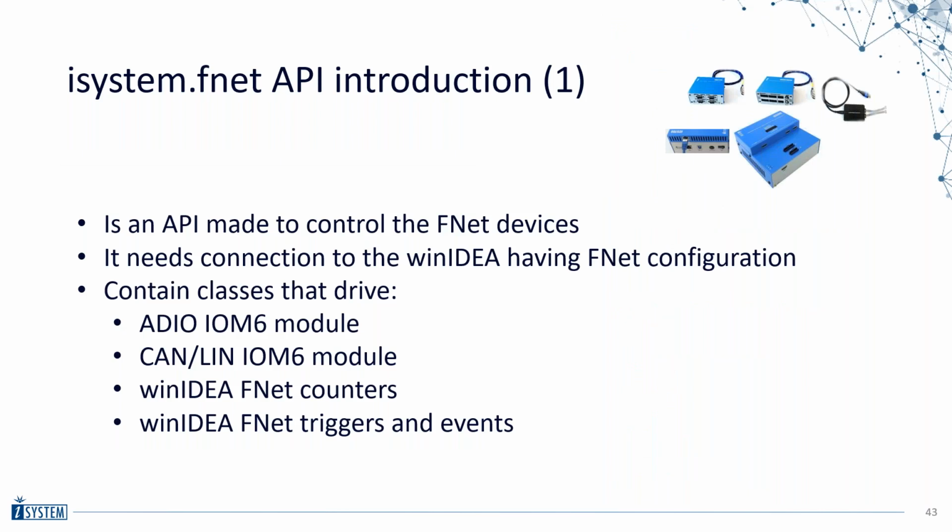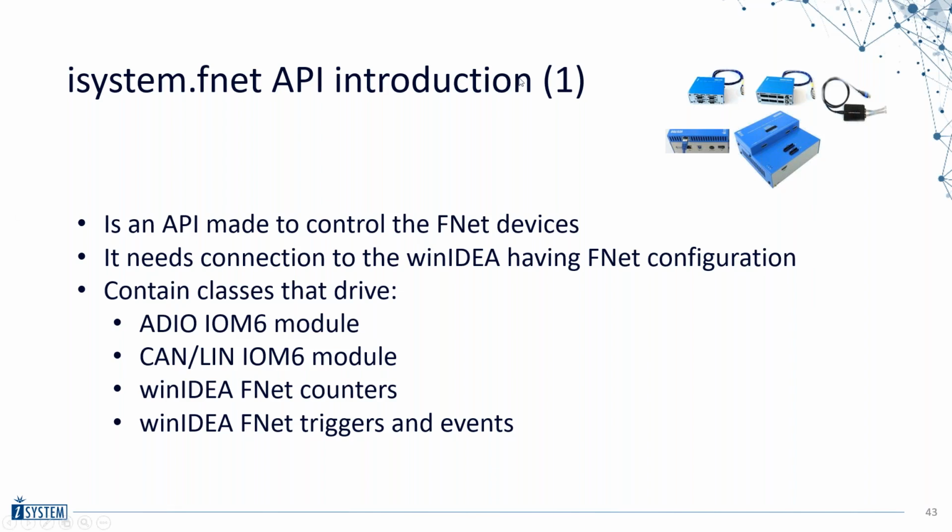The next API, which was just released, is the so-called FNet API. This API is about controlling FNet devices. We can connect several external modules like CAN and ADIO into the iC5000 debugger, and this API is how to control this functionality.